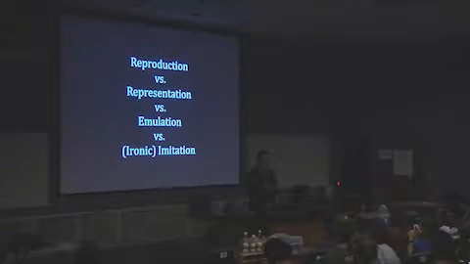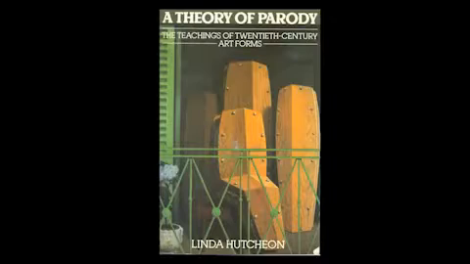So as we proceed, I'd like you to think about some of these ideas, the notion of reproduction versus representation versus emulation, where you're trying to be like something, and how that's different from reproduction and representation. But in the context of what I'm going to talk about, ironic imitation.